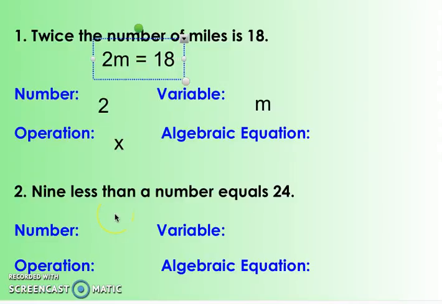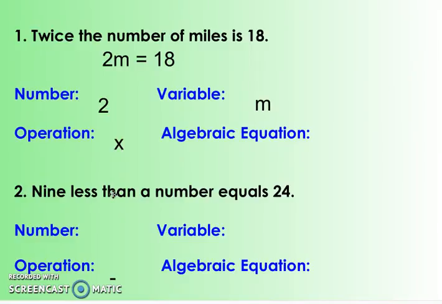Number 2. This one's actually a little tricky because it says 9 less than a number equals 24. What does less than mean again? Yeah, subtraction. Okay, so we're using subtraction, but it says 9 less than. Remember when we talked in the last video, we had so many apples, and I said if you have 6 less than that, you subtracted 6 from it.